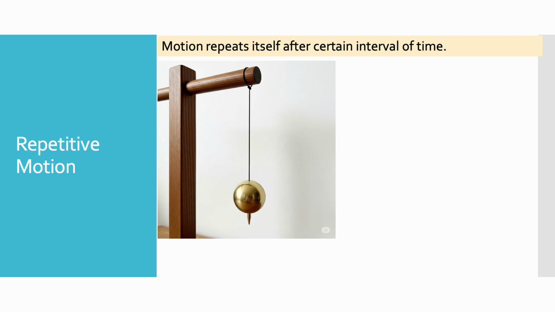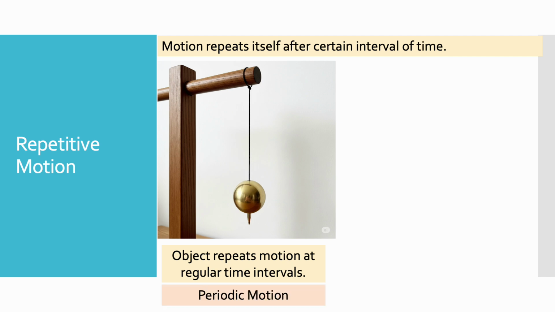The pendulum swings back and forth at a fixed rate. Other examples, hands of a clock, Earth revolving around the sun, rotating fan blades, pistons in a car engine. These motions follow a rhythm, like a song repeating its beat.